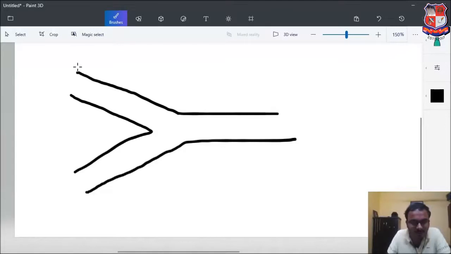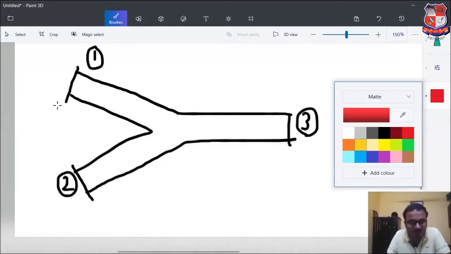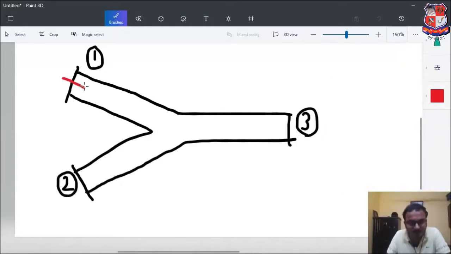Let us say this section is denoted as 1, this section is denoted as 2, and the final mixing is denoted as point number 3. Now one air stream is coming from here, the second is from here, and they are getting mixed in this pipeline and then exiting here.